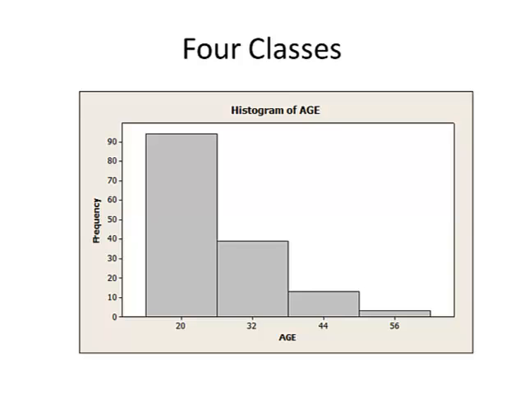If you have too few, like in this case, we don't get a good summary. If we choose too many classes, then the bins would be spread apart and it's not a good summary of the data. In this class, we will be using technology, both Minitab and StatCrunch. Those programs will determine our number of classes.